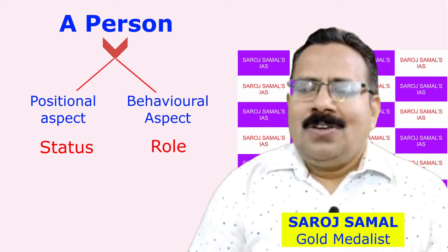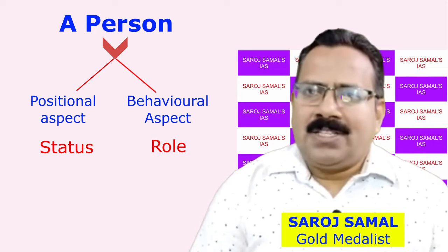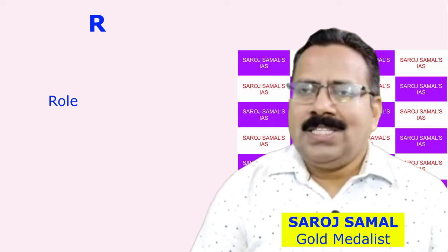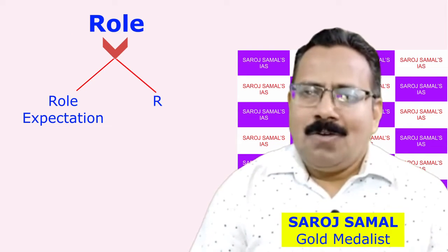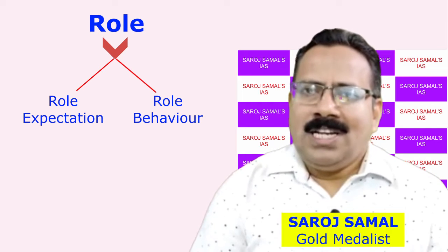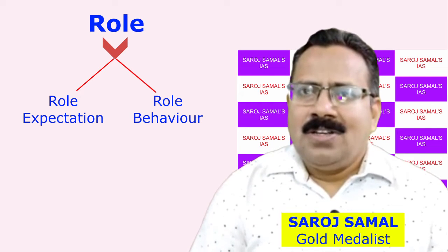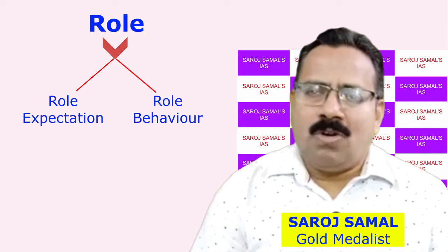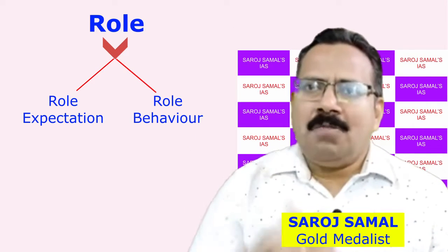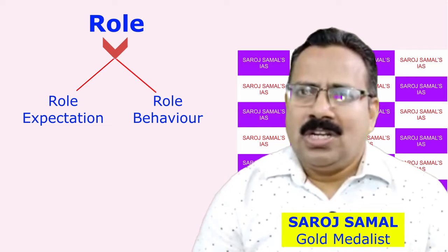Then role also has two dimensions. What are they? First is role expectation, second is role behavior. What is role expectation? The way a person is expected to perform his role. This is the expectation of other people towards the person.